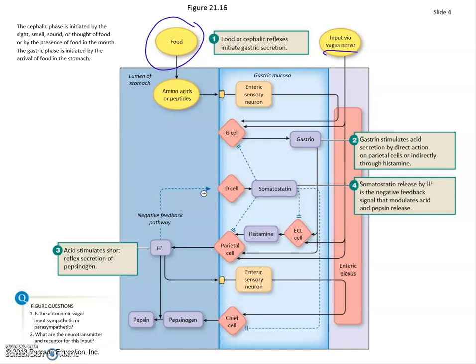Then the enzymes in the villi of the stomach start to produce gastrin. They may also produce somatostatin. I don't expect you to know this diagram in particular, but just know that the sight of food initiates the whole digestive process.